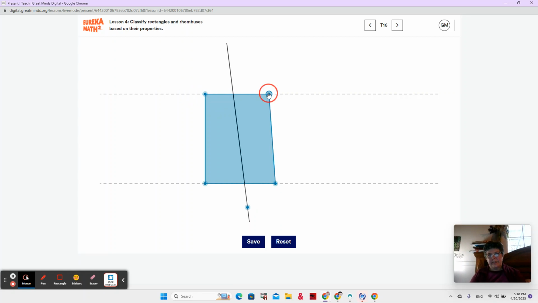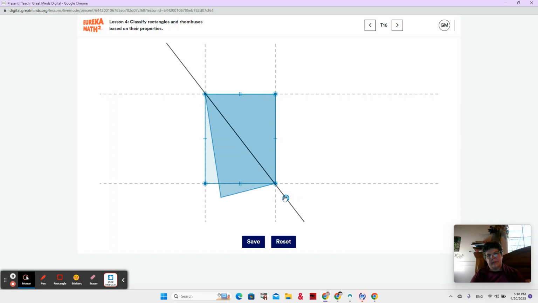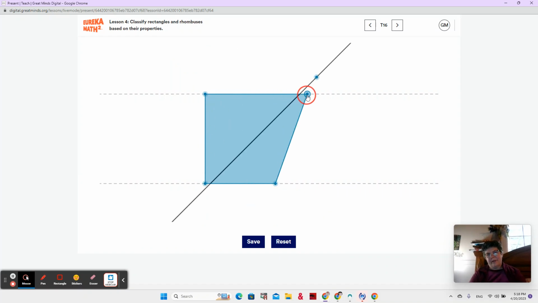Opposite sides need to be parallel. It's about a rectangle there. Oh, not a rhombus, right? Not a rhombus because the sides are not all equal. And you can see two lines there. The opposite sides are equal, but not all four of them, right?